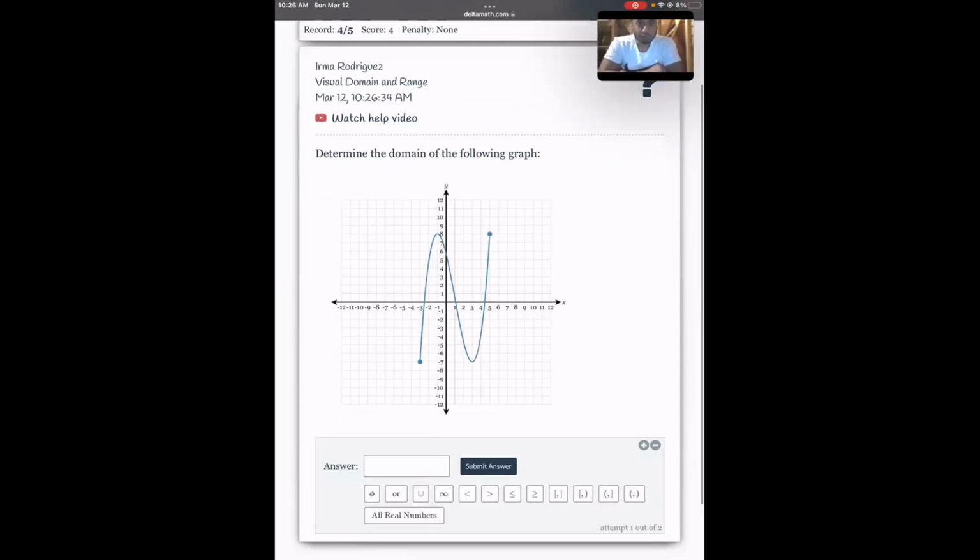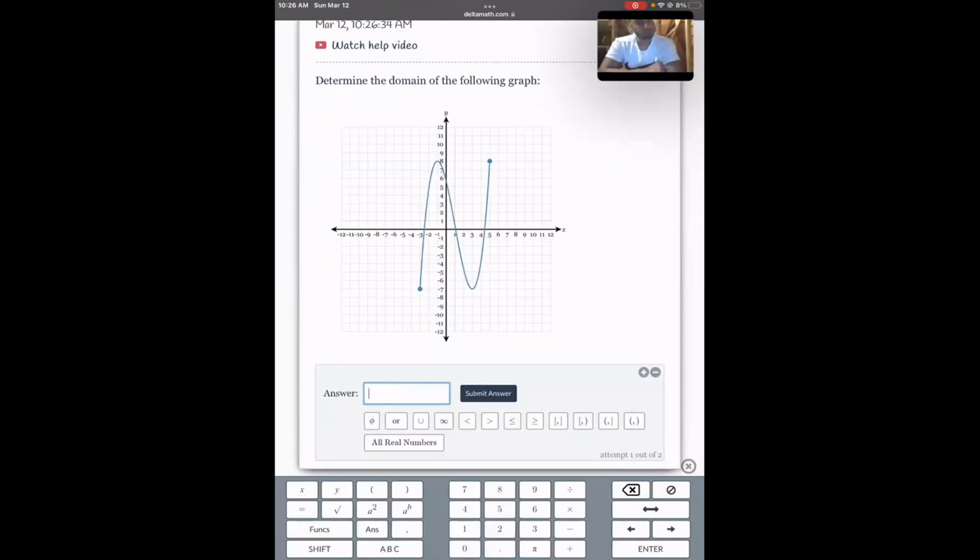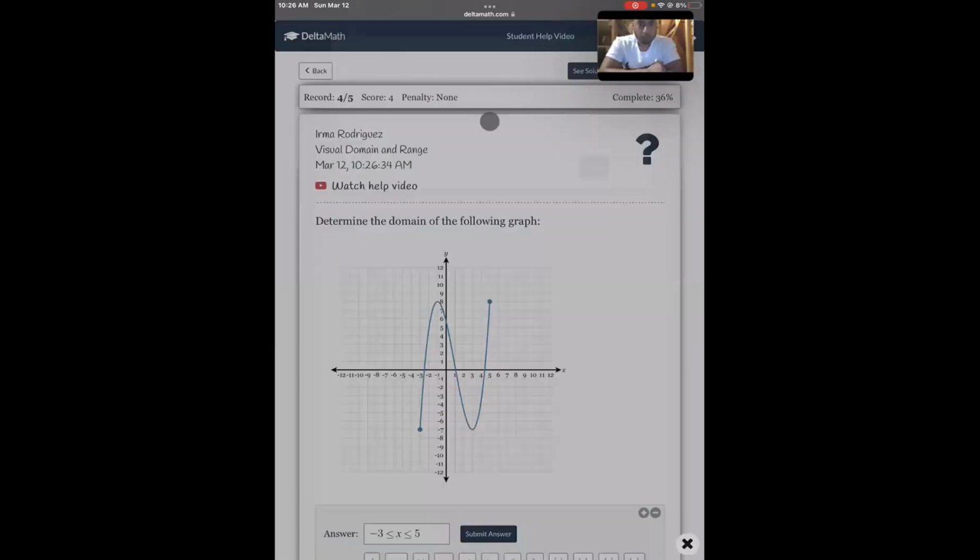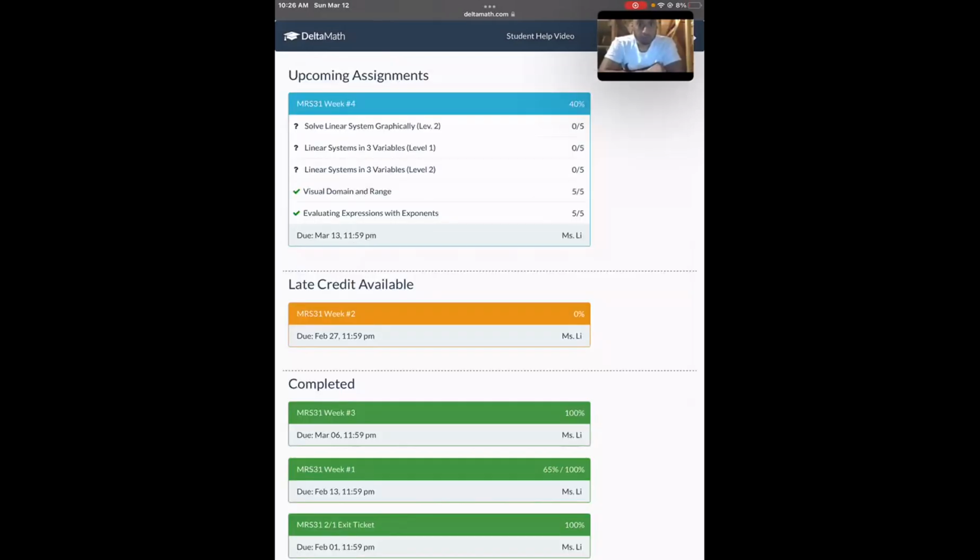The more of these you do, the better you get at them, right? Yeah. Okay, smallest x value, biggest x value. Good. Okay.